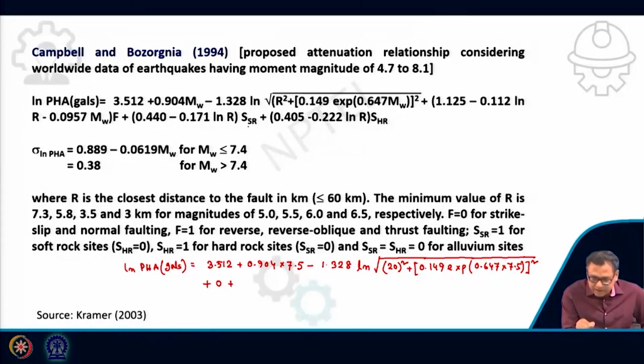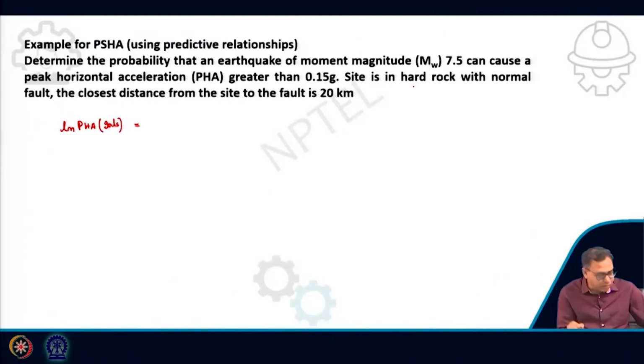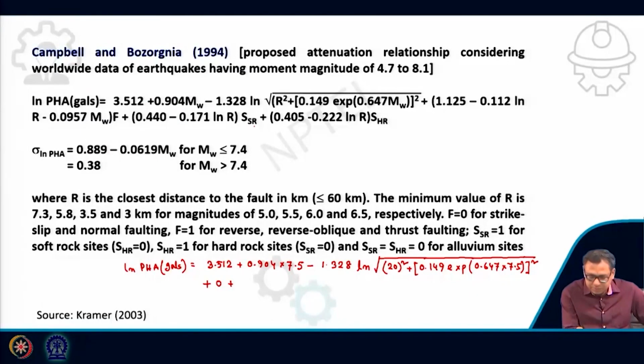Then your SR, what is the SR value here and the HR value here? It is given hard rock. So that means soft rock SR will also be 0, because in case of hard rock, SR is 0. So SHR will be 1.